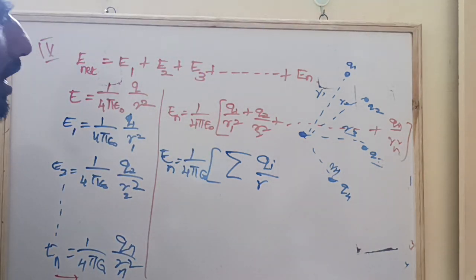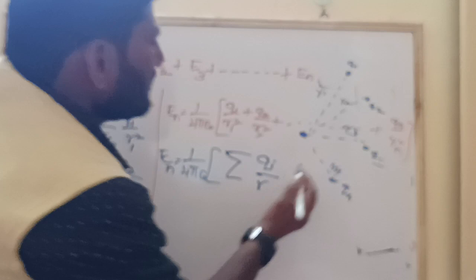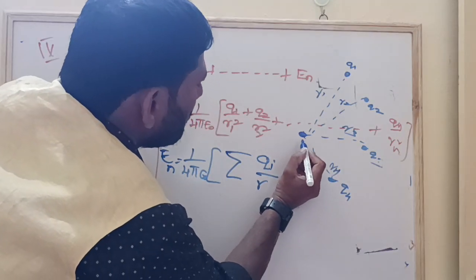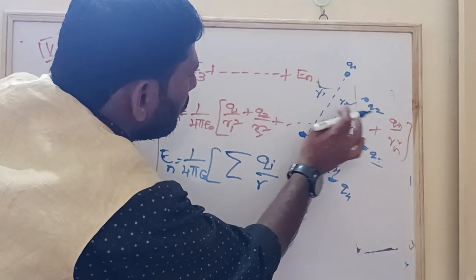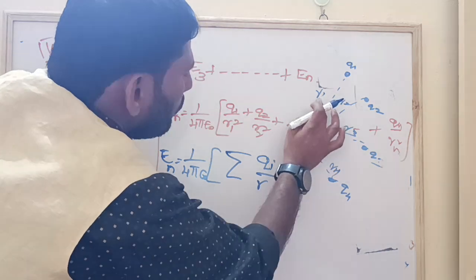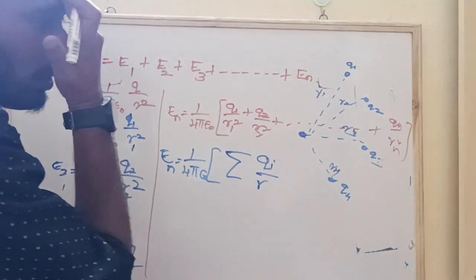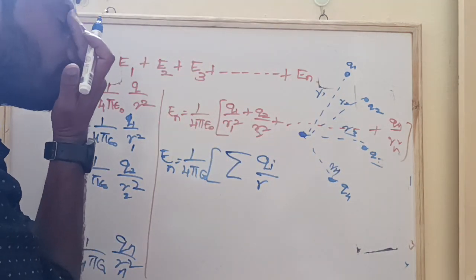Actually, this distance they will take as R12, R13, R14, like that it will come, I think.